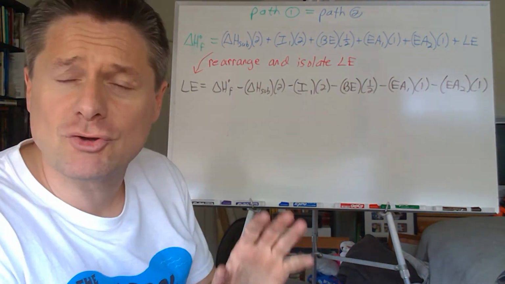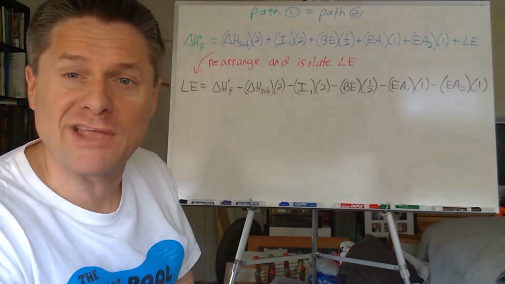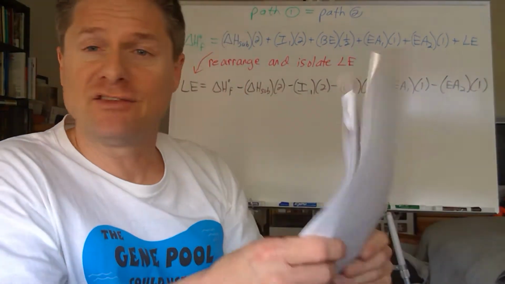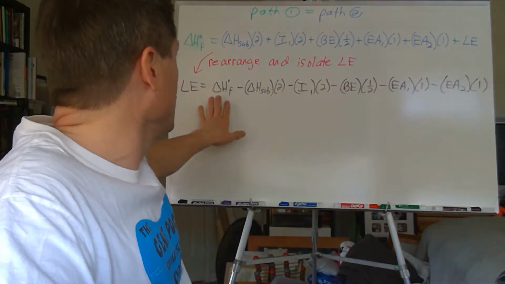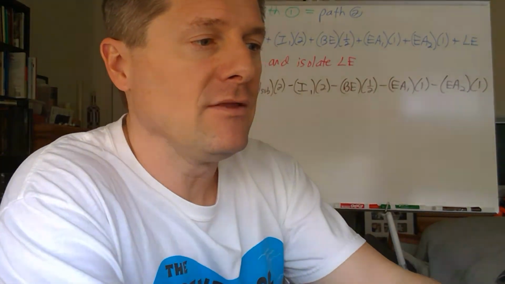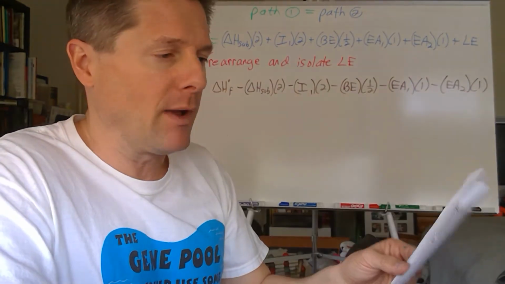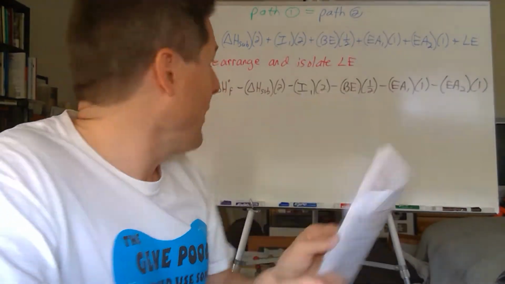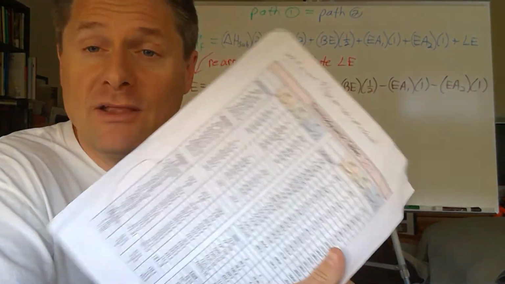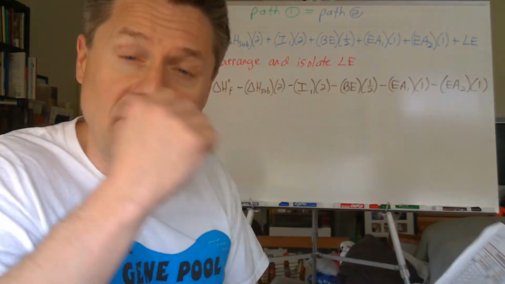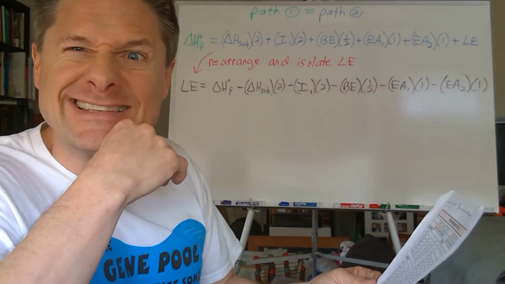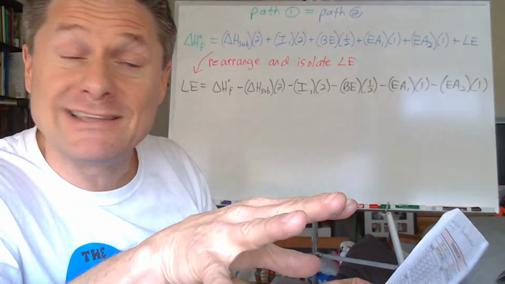So what I want you to do is grab your textbook or something, preferably your textbook, or if you're in my class, you've printed out these. I want you to look up these values. So look up, now on my table that I have on my website, I just have one page. So I don't have silver compounds on here, so silver's not on it. So you have to look that up in the appendix. I think it's appendix D in our textbook, whatever the appendix is in your textbook.